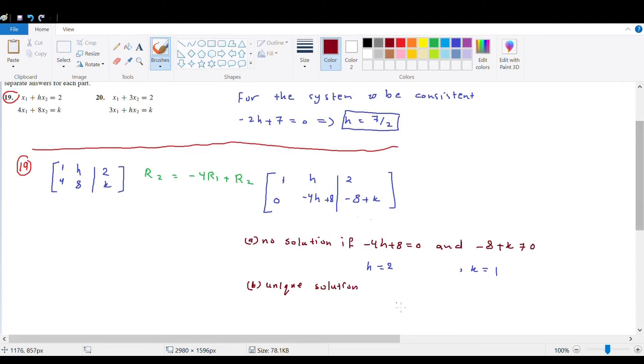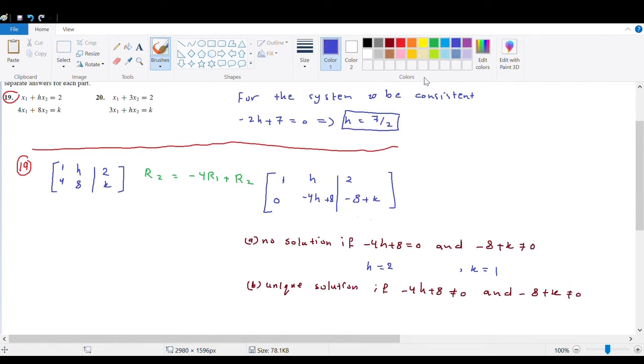That means we can write here if minus 4h plus 8 is not equal to 0 and minus 8 plus k is not equal to 0. Both of them are not 0. Because if both of them are 0, that means we have a free variable.